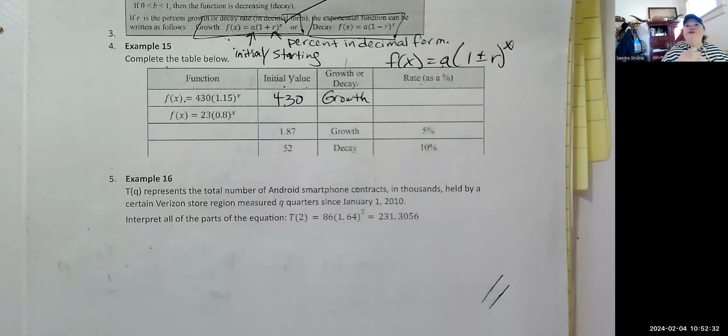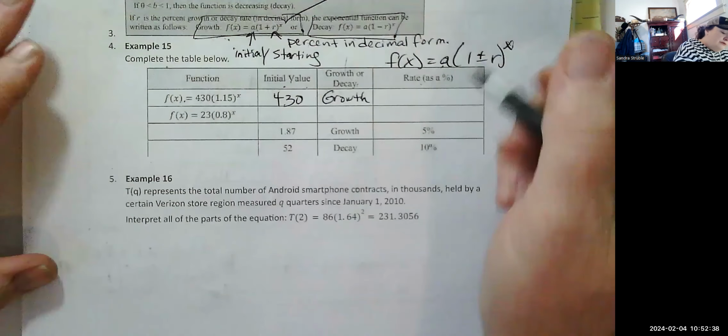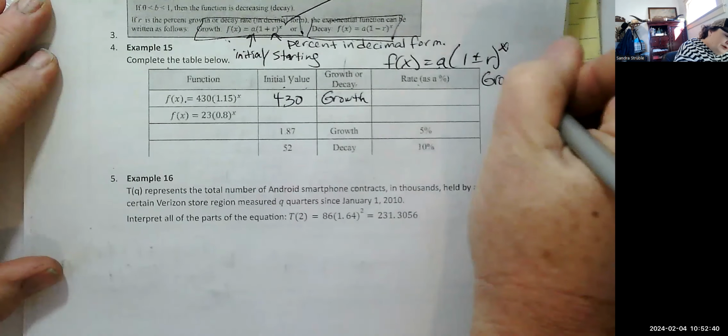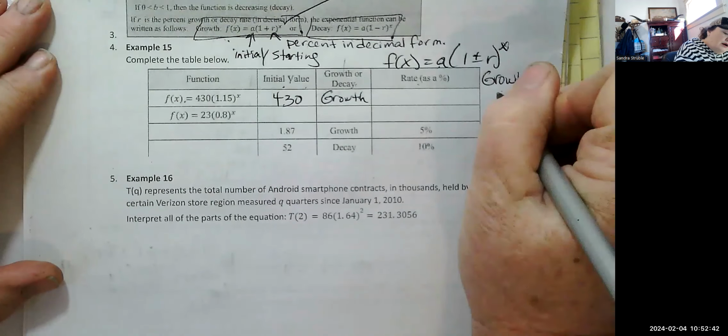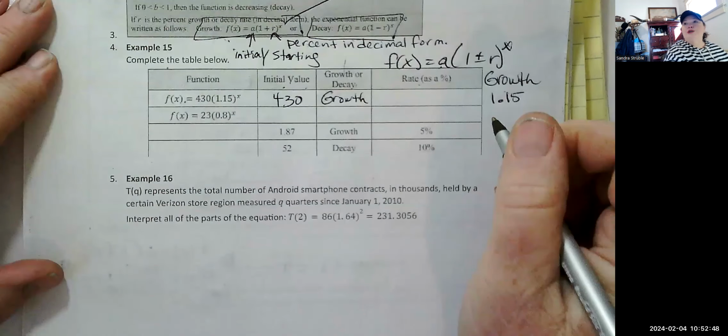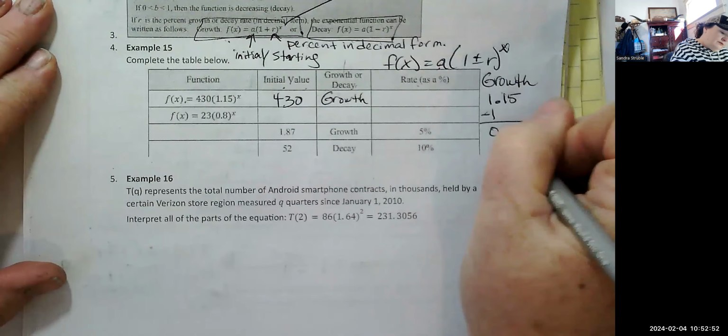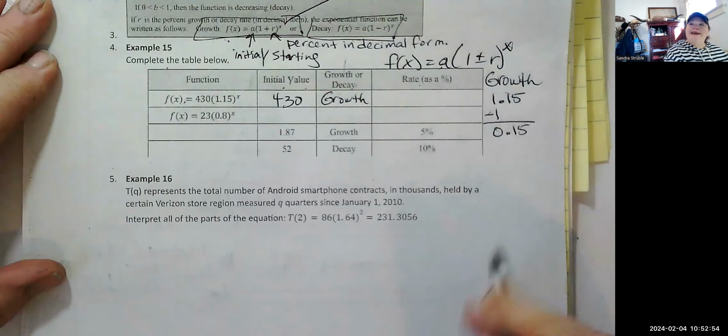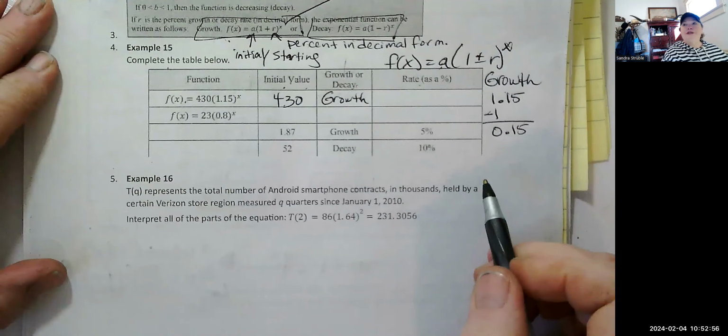The rate, to find rate, all you need to know is that you have growth. And if you have growth, you're going to use this formula. You're going to write the number inside the parenthesis, 1.15. You're going to subtract 1. And then you're going to take that decimal and change it to a percent.